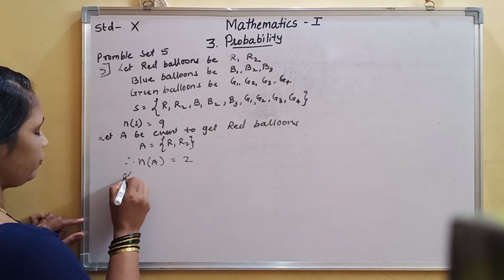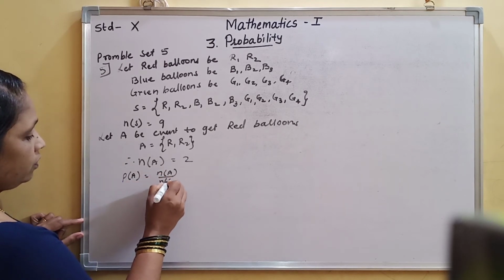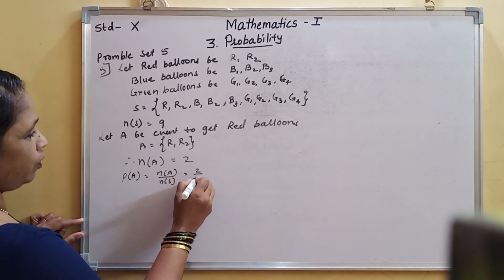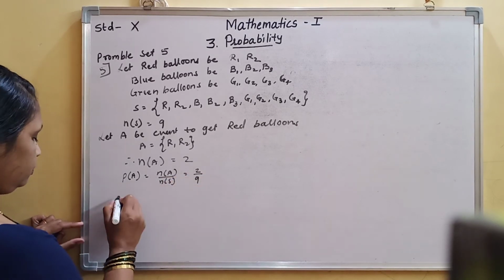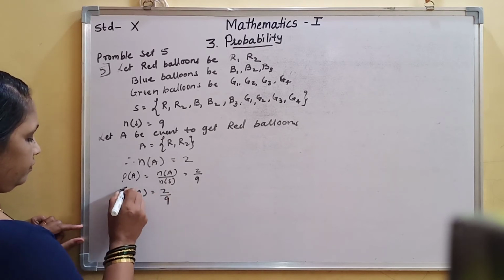So probability of A will be equal to n of A upon n of S, which is equal to 2 upon 9. Therefore probability of A is equal to 2 by 9.